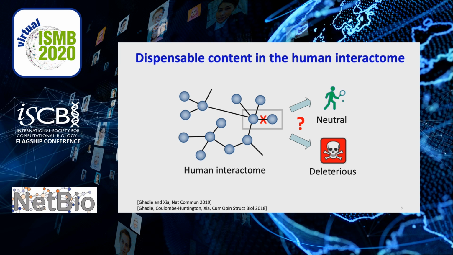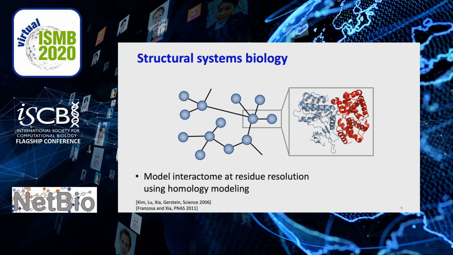Now, nobody has done such an experiment, and it is unlikely that this experiment will be done in the near future. So, we need to find some other way to estimate dispensable content in the human interactome. The approach we took is based on structural systems biology.